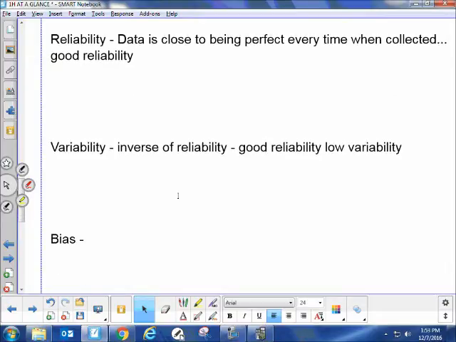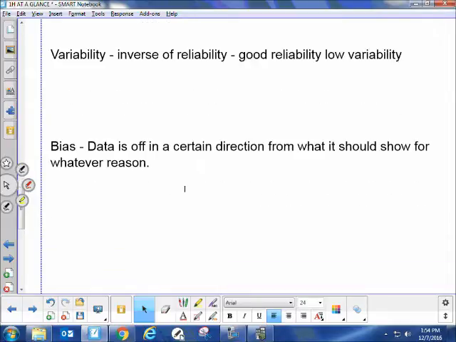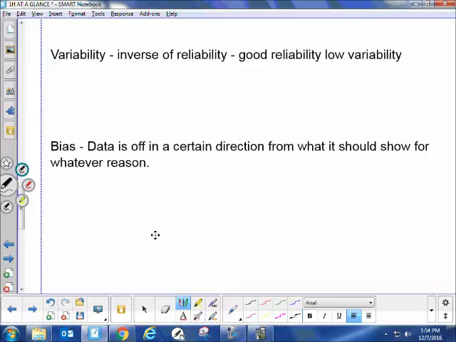Okay? Now, if we take our data and all of a sudden we have a bias compared to what it should show, bias means that the data is off in a certain direction from what it should show for whatever reason. Typically what we talk about is, hey, I want to look at the wingspan from my ducks.